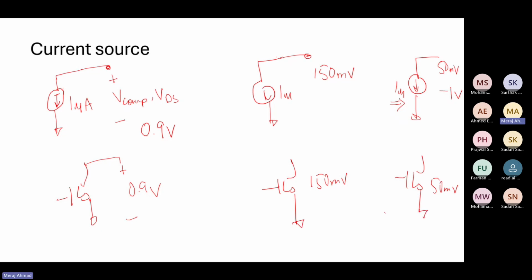Let's assume this is in saturation. Why do we need it in saturation? We will see it later. If you design a current source, this is a unit block, all three are exactly the same.